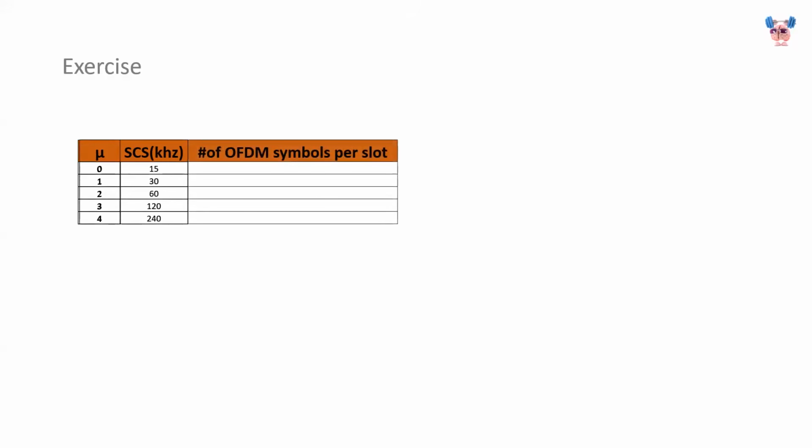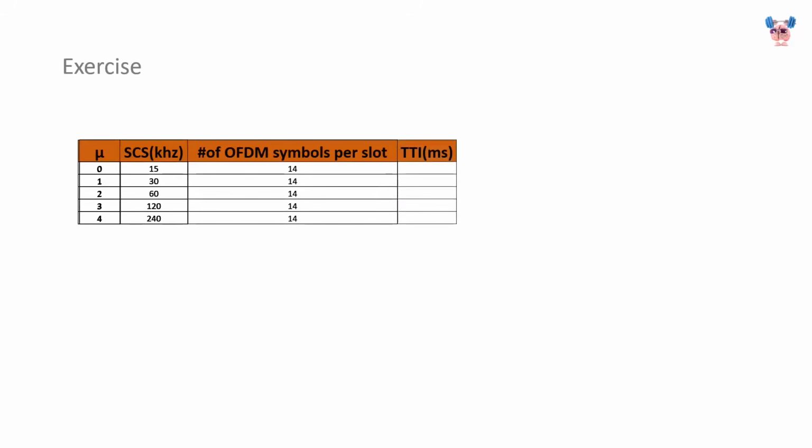Okay. Can you please let me know the number of OFDM symbols per slot? Very nice. Yeah, it will always be 14 symbols per slot.